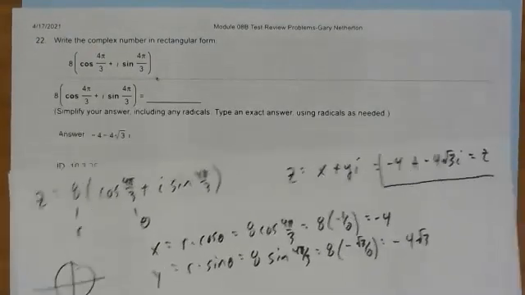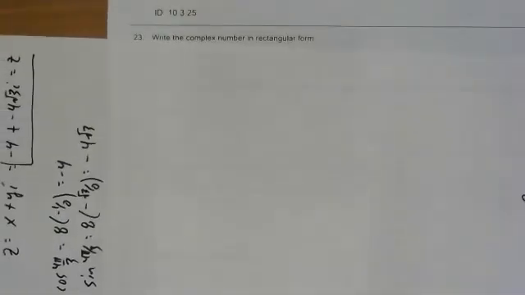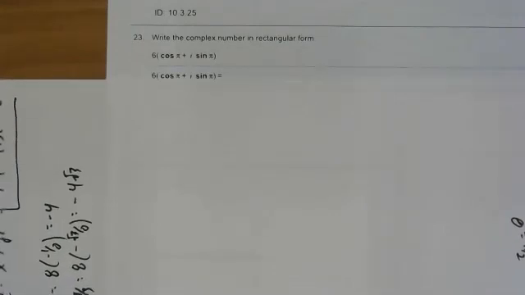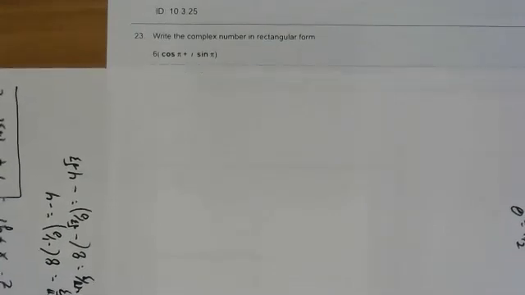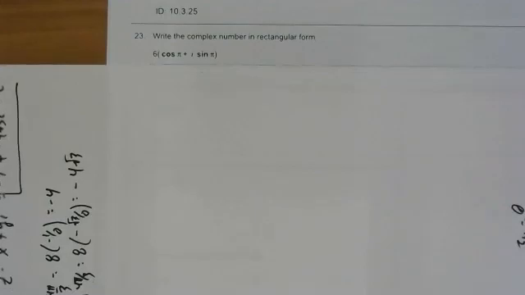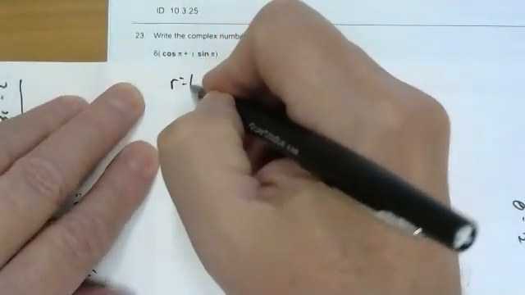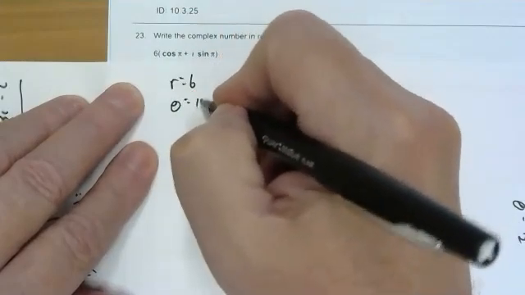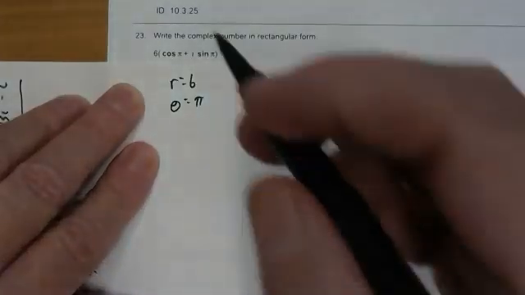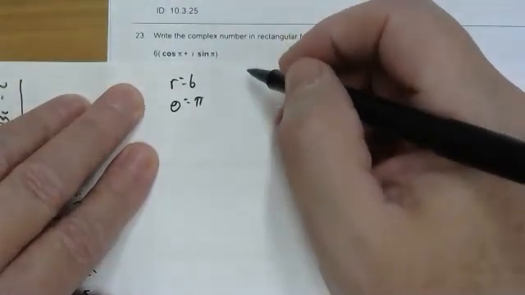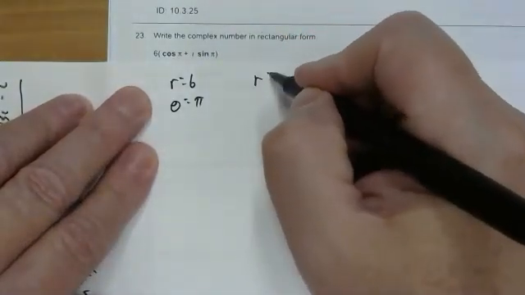And then one more, another one. Write the complex number in rectangular form, same thing. Looks like r is 6. Theta is pi. In fact, this is going to be even easier than the last one.